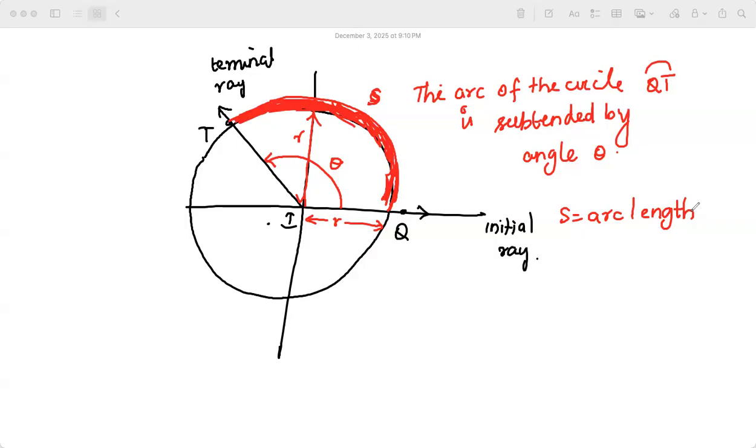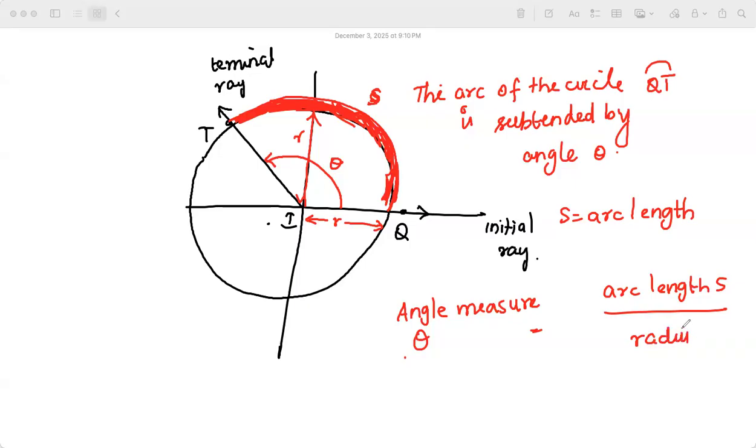S is the arc length, right? How do I find theta in this situation? There's a way. The angle measure theta, I can write it as the arc length S divided by the radius r.